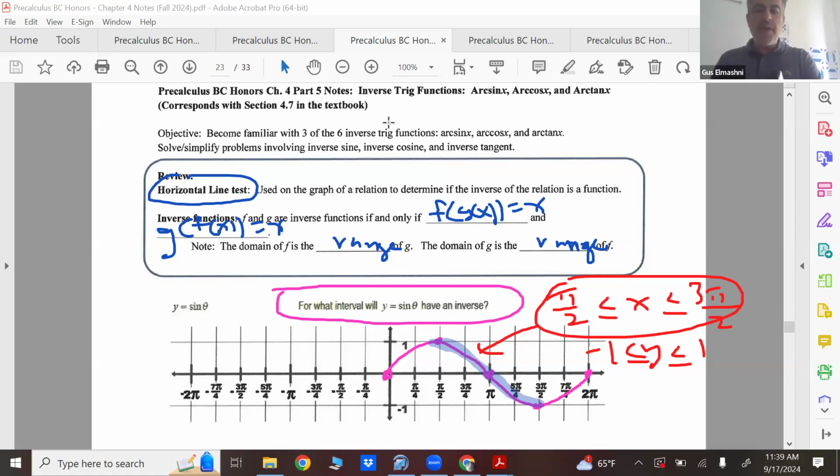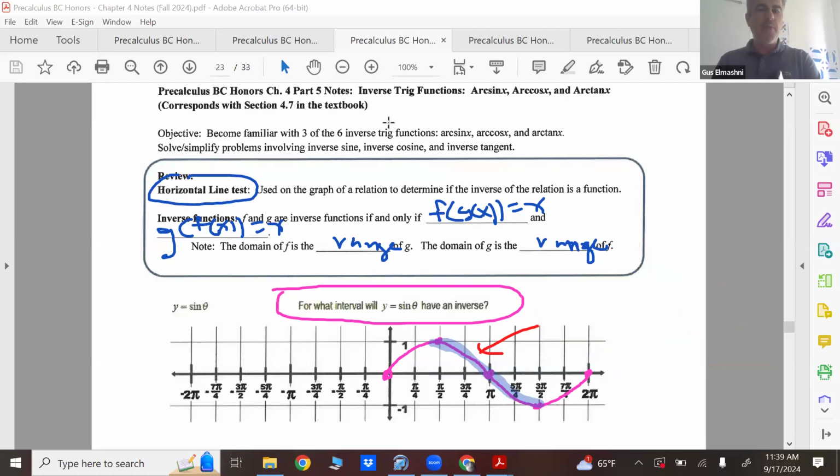Actually, let me revise this just a tad. The reason why is because there is a default domain we have to go with. Let me draw more of this graph. Nothing wrong with what I did. Everything was fine. I just drew another cycle, right? Not a big deal.